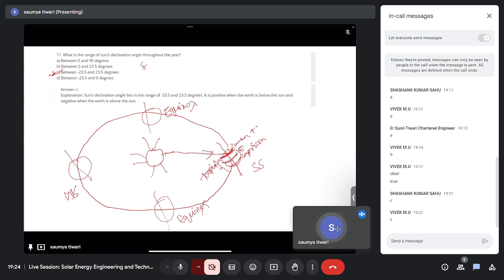So this is plus 23.5 degrees. In winter solstice, we are talking about the northern hemisphere, the sun rays fall perpendicularly on the Tropic of Capricorn. So this is minus 23.5 degrees. So this is the range of declination angle, from plus to minus 23.5 degrees. Hope this is clear.